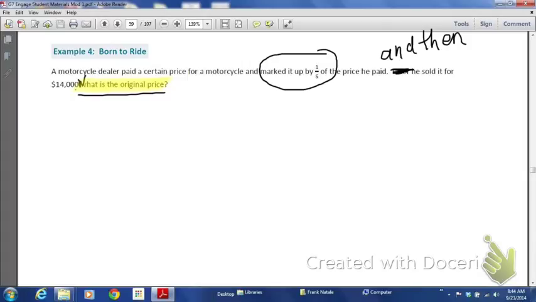And then he sold it for $14,000, okay? So we know the sales price, we know his markup, but what we don't know is that original price, okay? So we're trying to find out what that original price was.